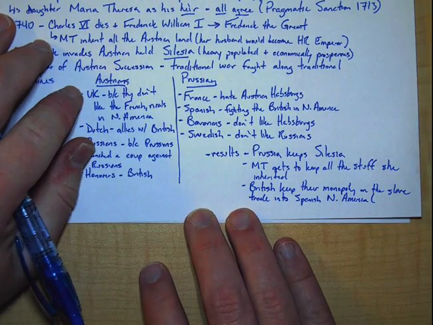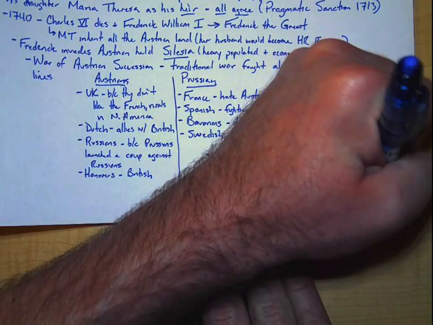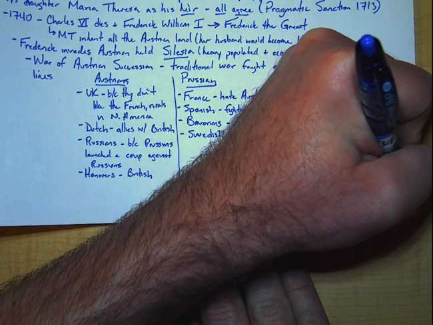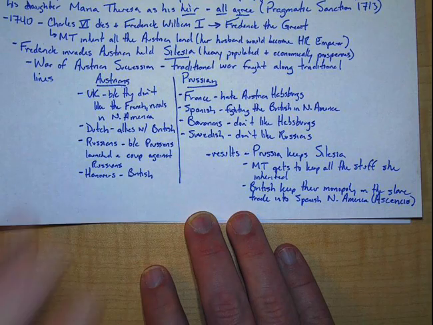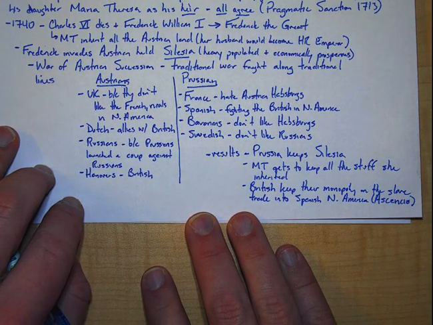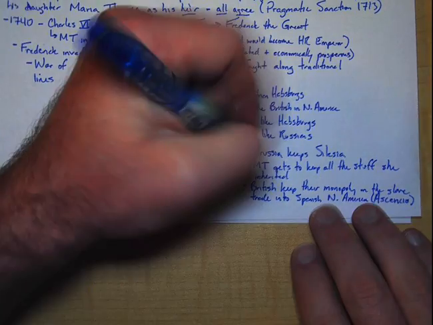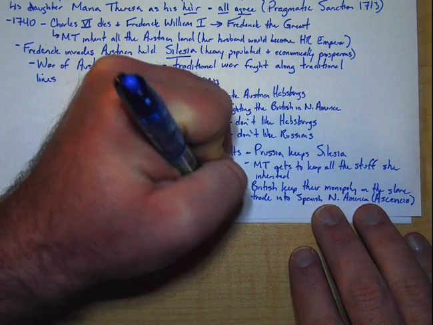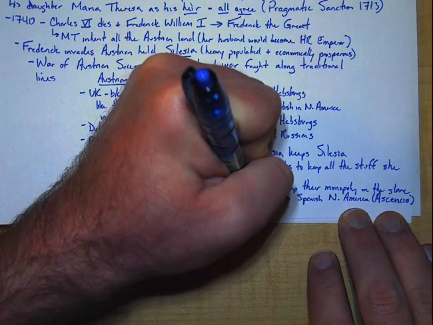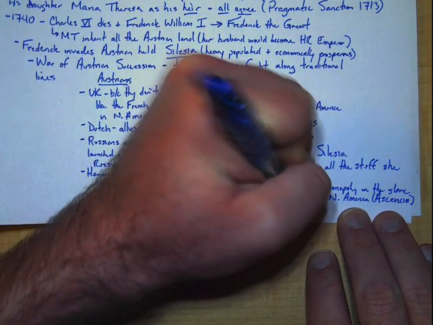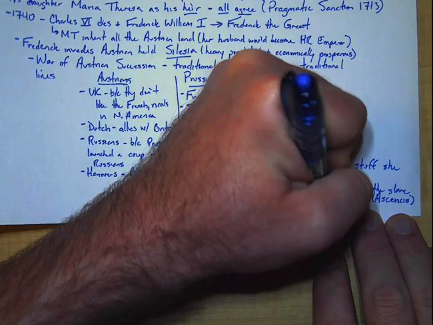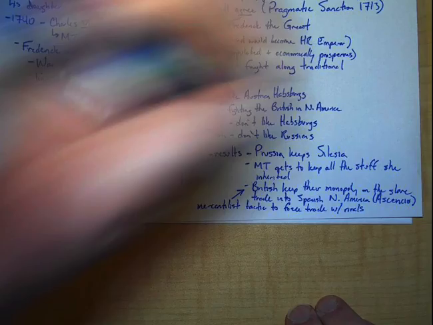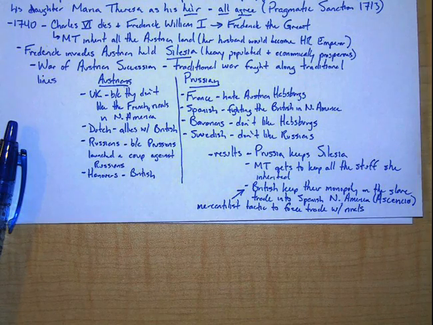And the word for this is the Asiento. And just to be clear, this is a pretty common mercantilist tactic to force trade with your rivals.